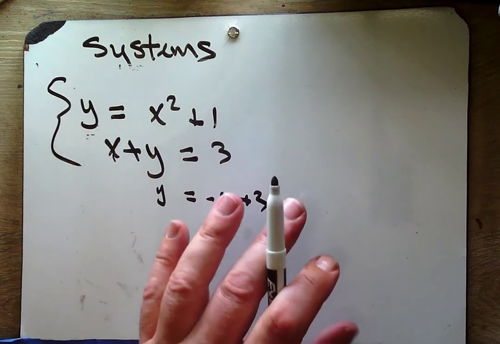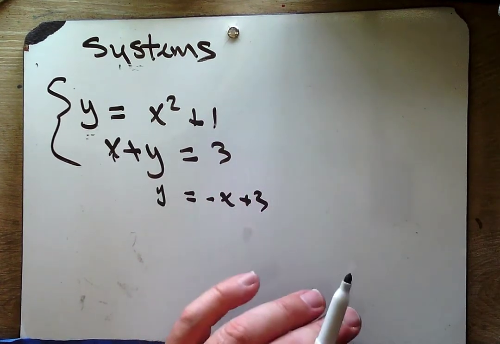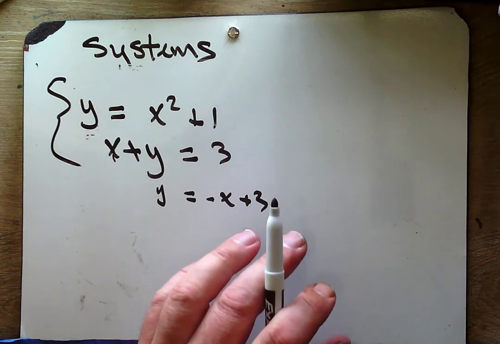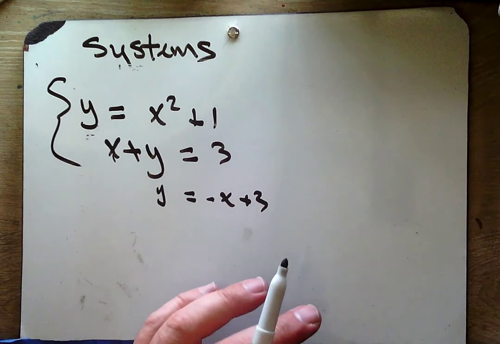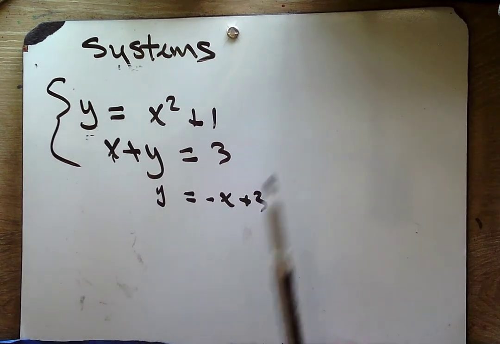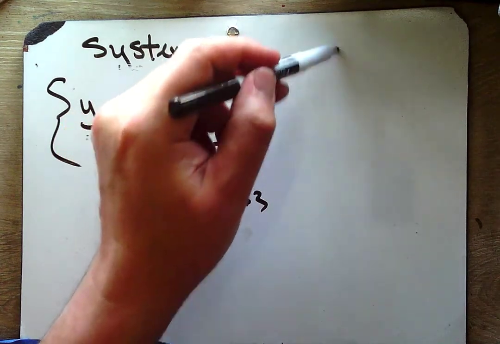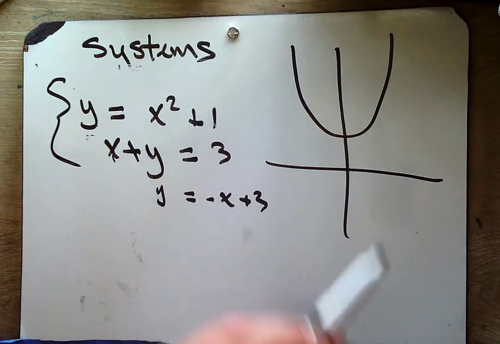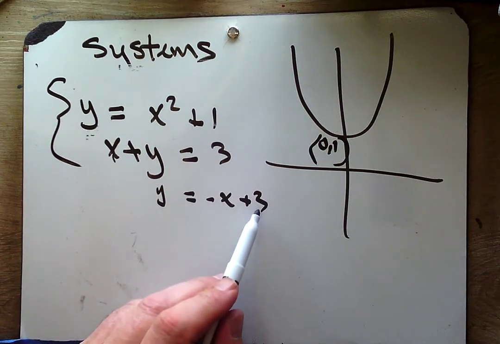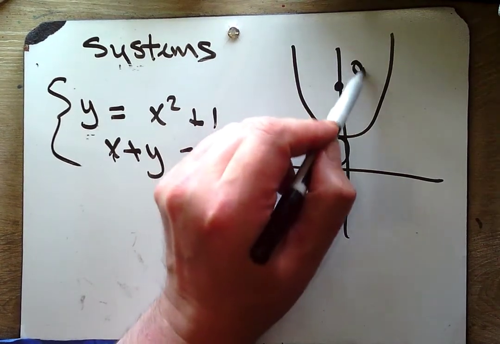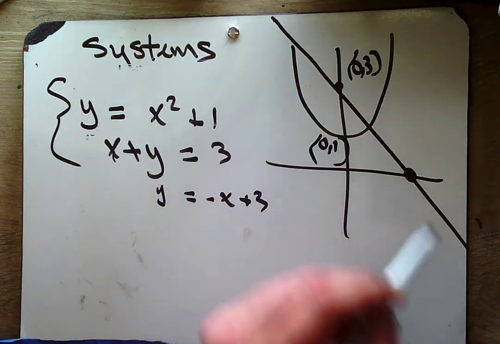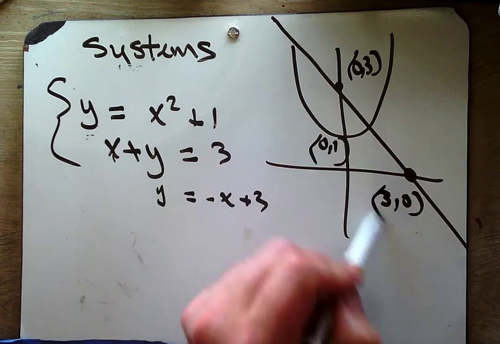I think it's really good with these systems problems to try and pre-think the number of solutions, to help you realize whether or not the answer that you get is reasonable. So here, I think about a parabola that's been shifted up 1, so that's (0, 1), and this line has a y-intercept of 3, so that would be up here, and a slope of negative 1, so I have (3, 0) here.